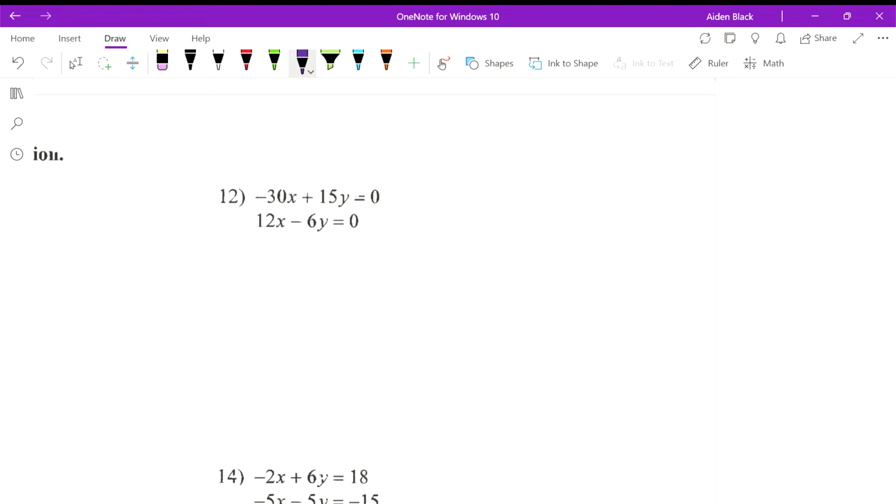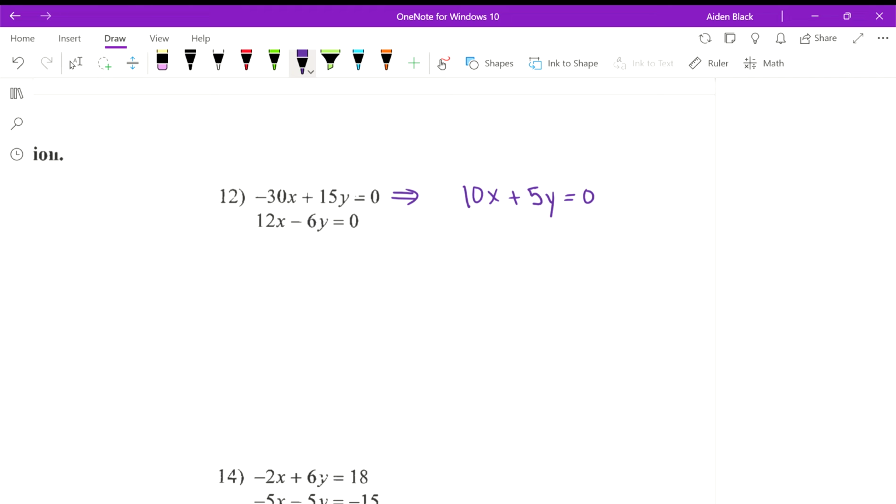I think the easiest way to do this one is to change this by dividing by -3. So we get 10x plus 5y equals 0.